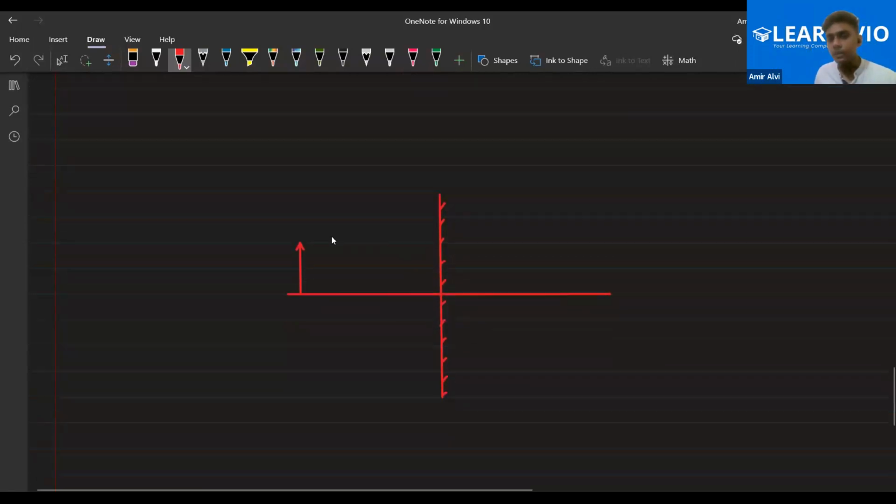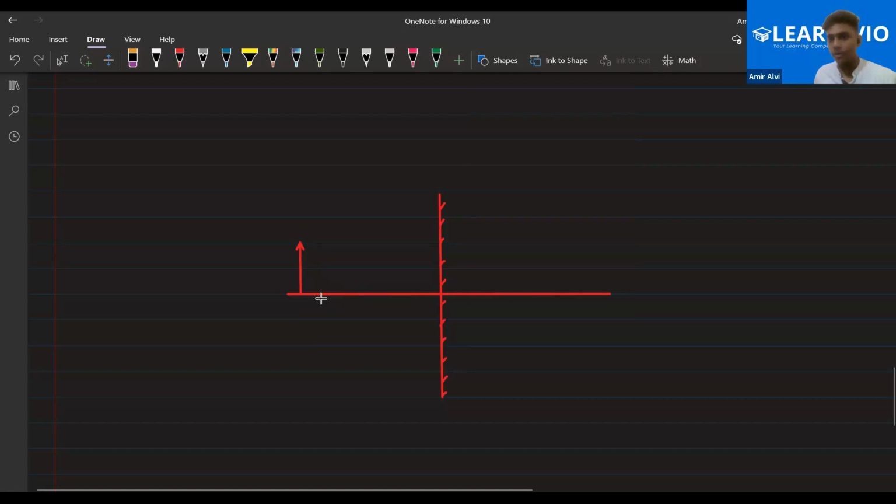As you can see, if we want to draw the image formation, we need at least 2 rays. I've told you that we need at least 2 rays for the image formation, right? Whenever you draw, whether it is a lens or a mirror, the first ray will always be parallel to the principal axis.